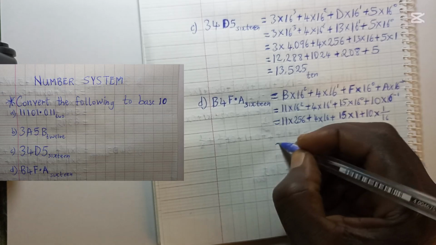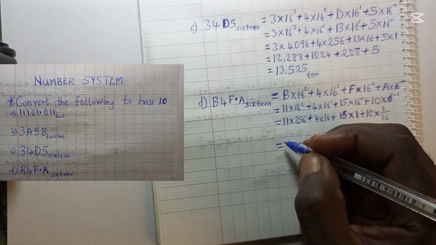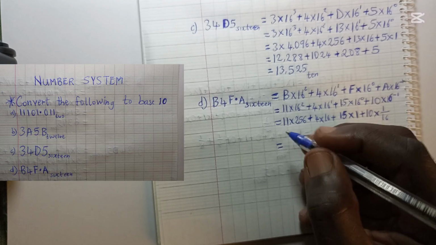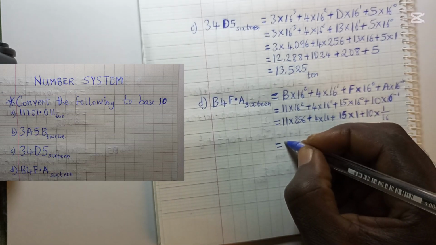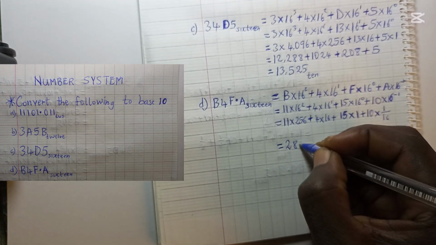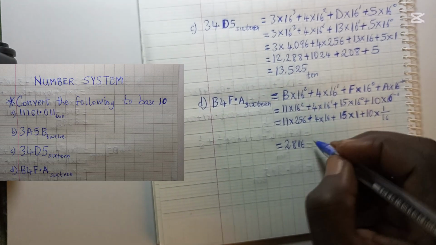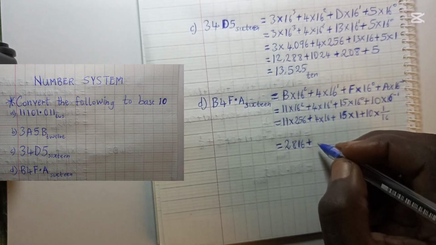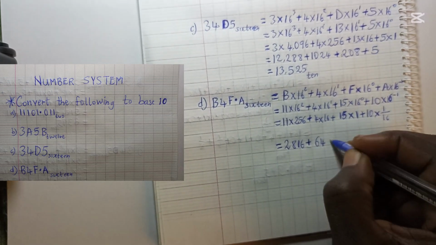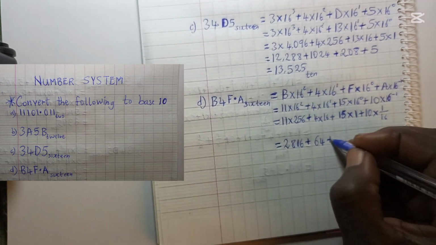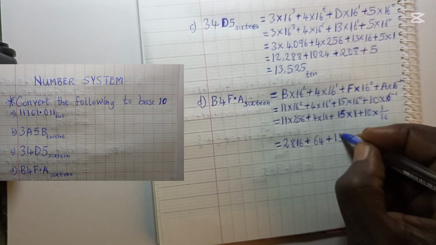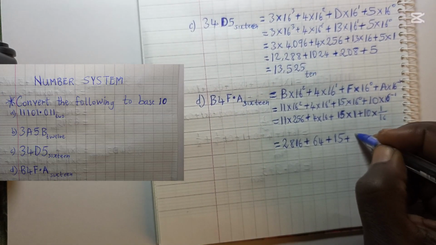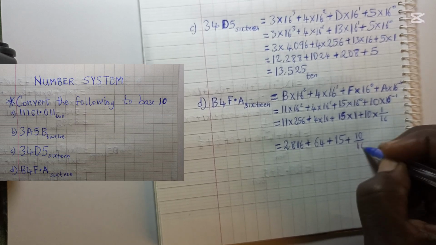So we have 11 times 256 will give us 2,816. 2,816 plus 4 times 16 will give us 64, plus 15 times 1 will give us 15, plus 10 times 1 over 16, that is 10 over 16.